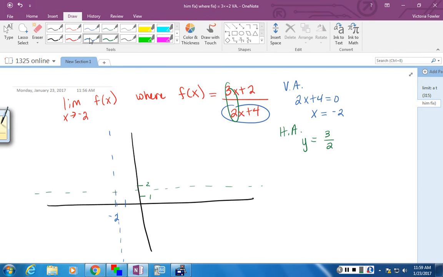And I could make a t-chart, and I could start doing it that way. I could look at my calculator and just get an idea. But this is saying, if I look at even a table of values, look at my calculator, for the graph, I see something like this.